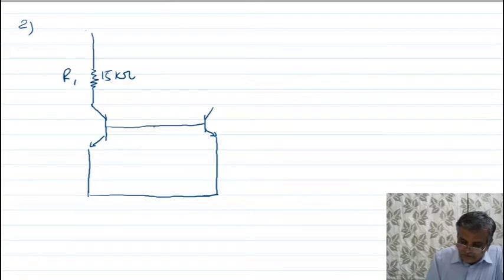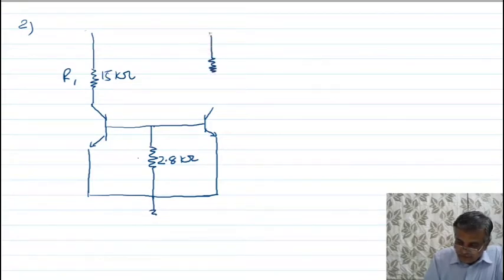Here they have connected another resistor. This is 2.8 kilo ohm they have given. This is unknown resistance RC. This voltage they have written VO, 6 volt.